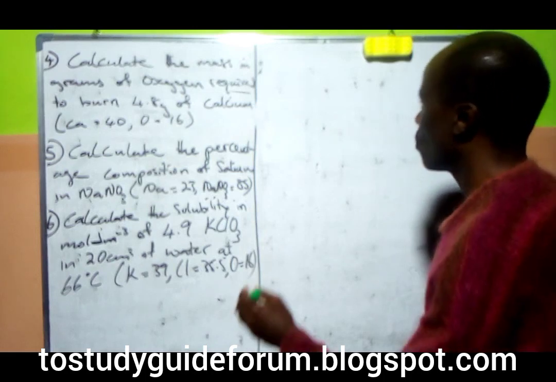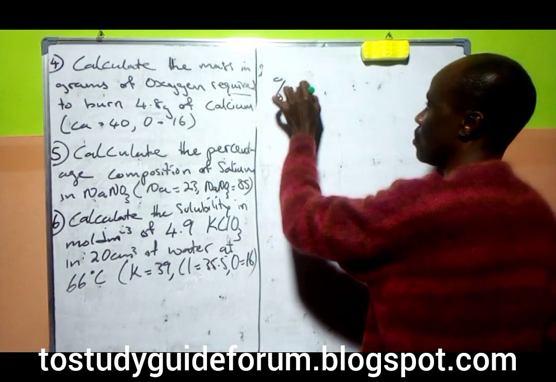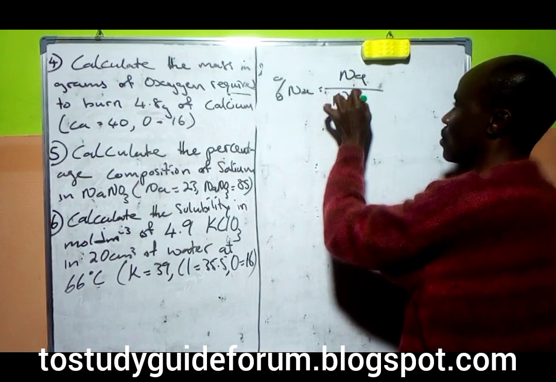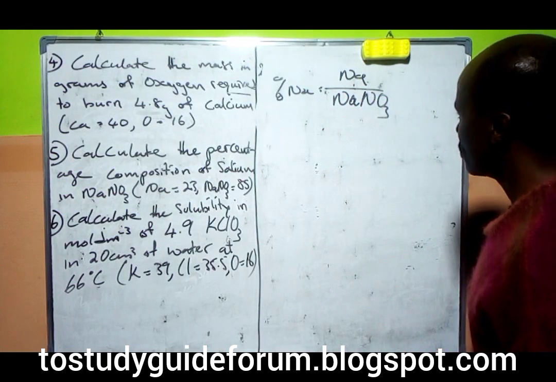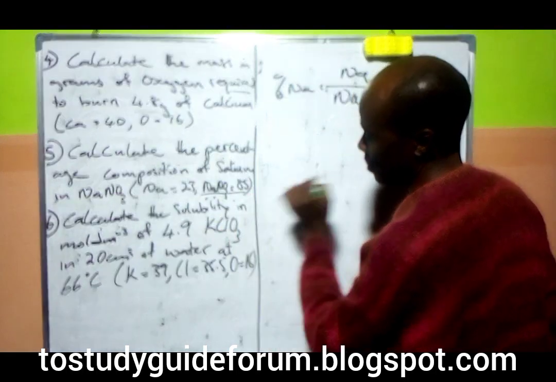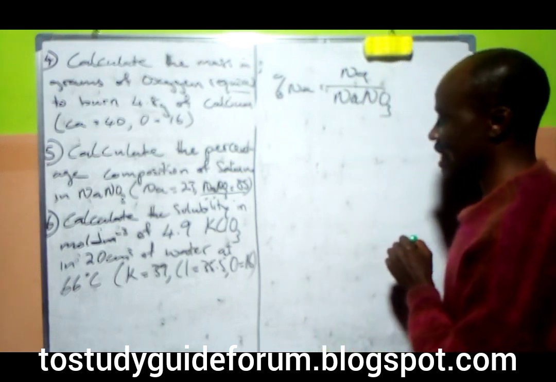To do this, you know that the percentage composition of sodium will be sodium over what? That of the whole compound where it is present. From the equation we have here, the sodium trioxonitrate(V) is 85.